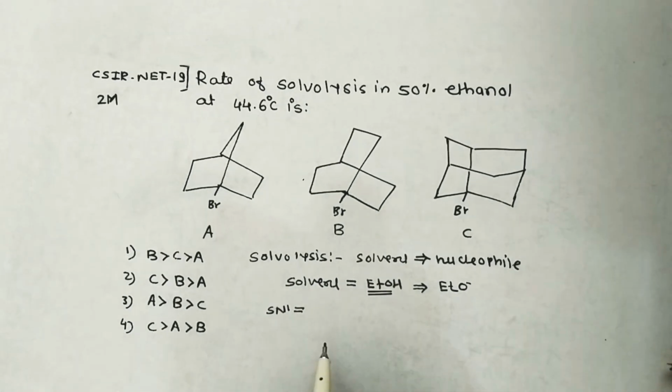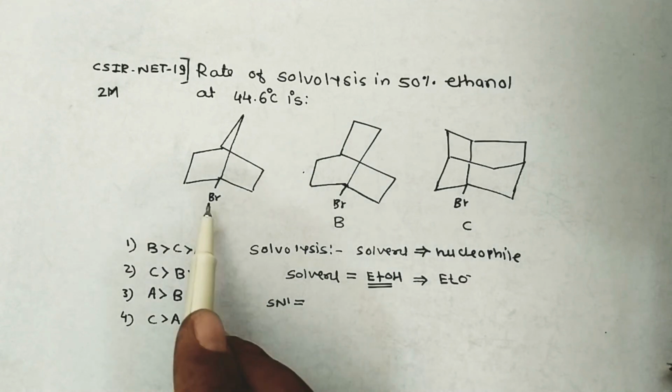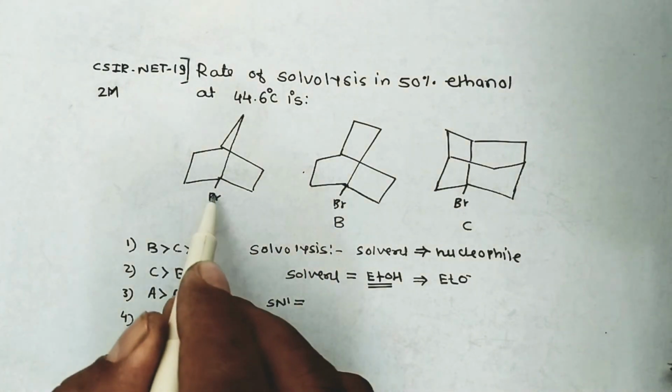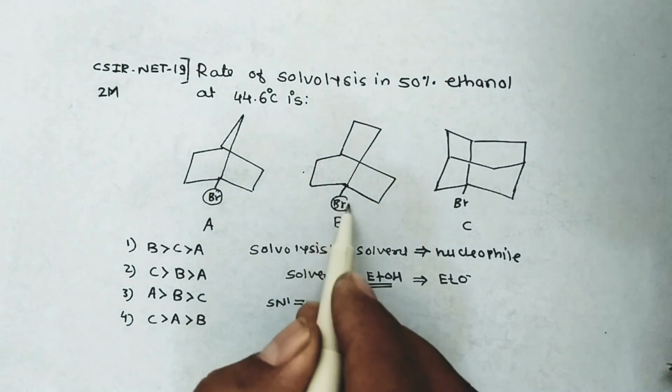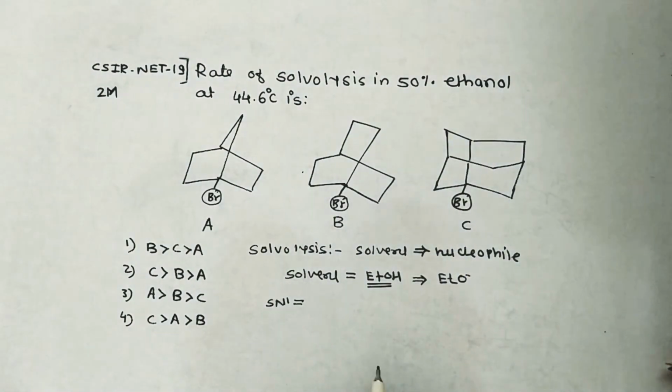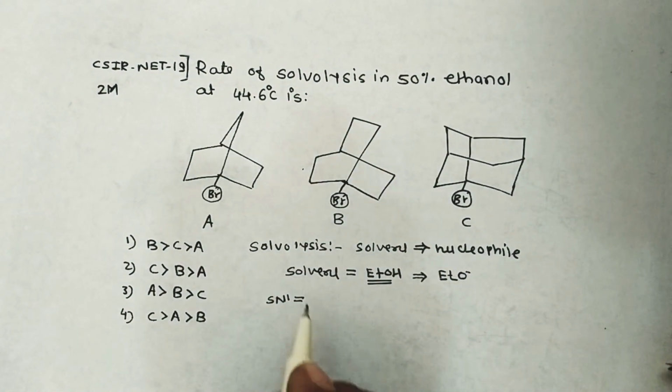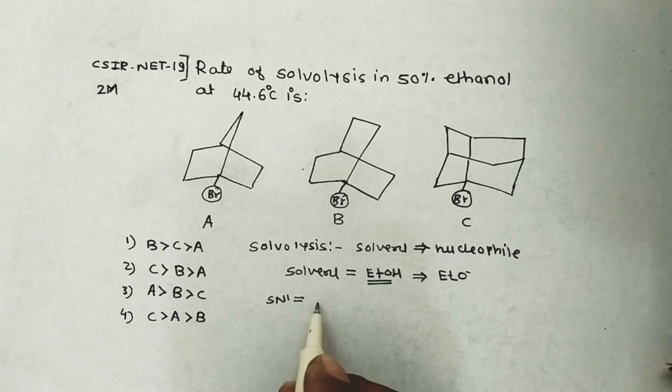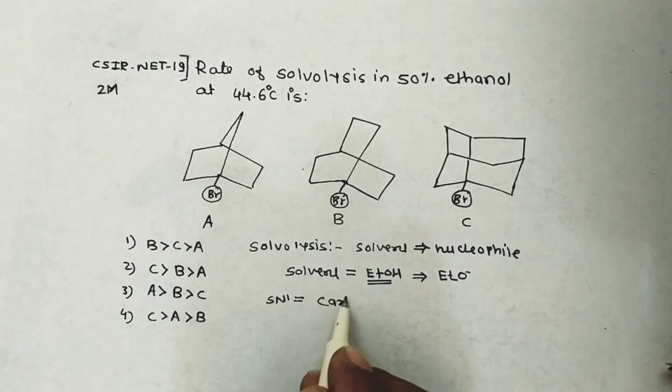In SN1 reaction, what happens? The leaving group departs. Here the leaving group given is bromide. And after the leaving group departs, in SN1 reaction, the intermediate formed is nothing but the carbocation.